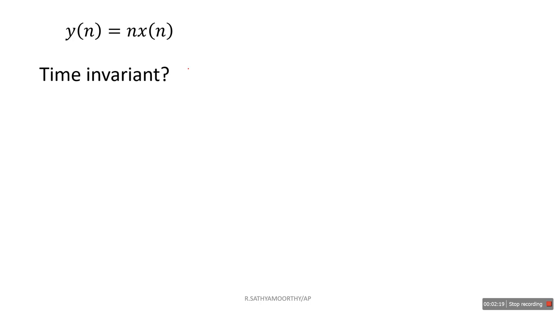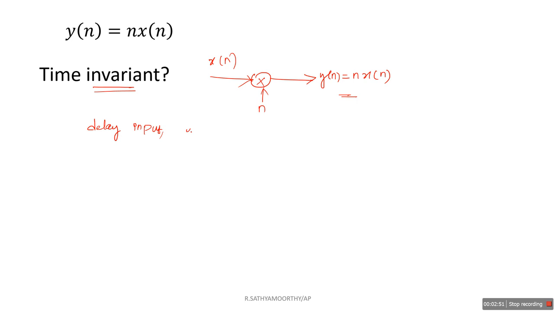Second, whether the system is time variant or invariant. Let's say this is x of n, this is n, and y of n equal n x of n is the output. To identify time variant or invariant, first we have to delay the input and observe the output. Let's call it y of n comma k.